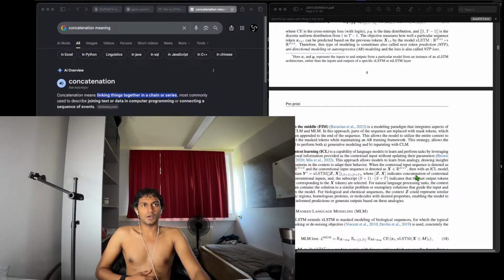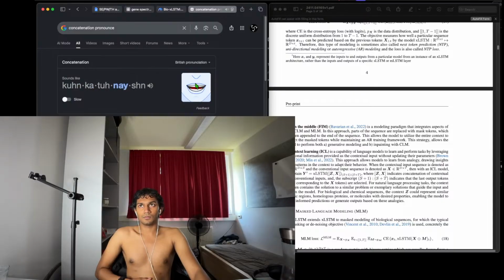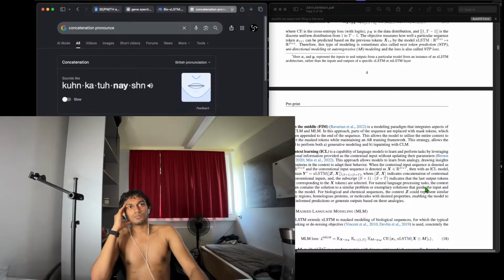Concatenation. No, I forgot the pronunciation. Concatenation. Okay, so cat. Concatenation of contextual and conventional inputs and subscripts indicates that the last output tokens are selected for natural language processing tasks.